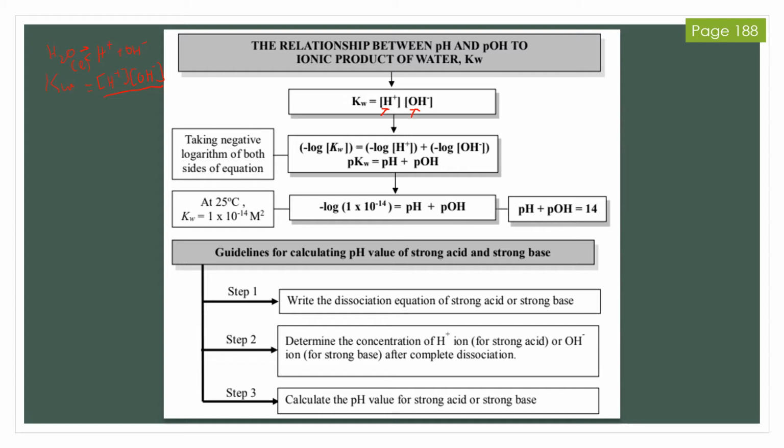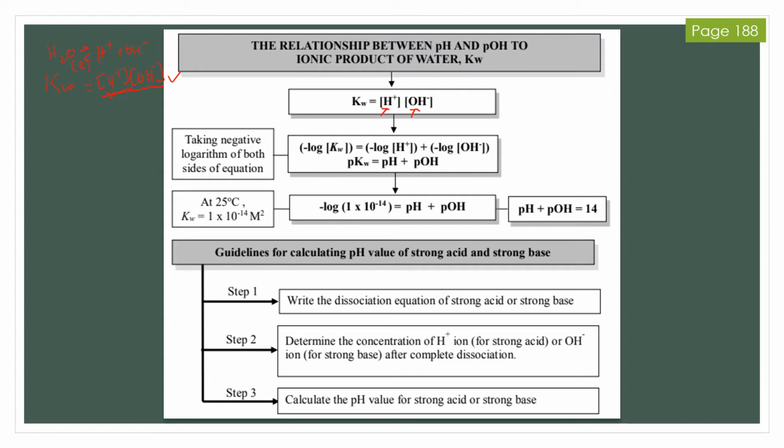So recall chapter 6. If it is a liquid, we do not include it in any expression, so we leave it as Kw equals the concentration of hydrogen plus times the concentration of OH minus only. Okay, it comes out like that.